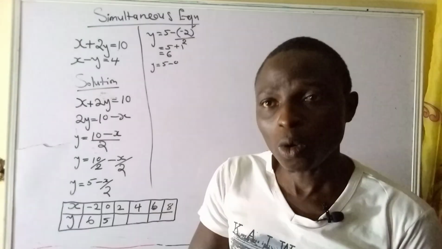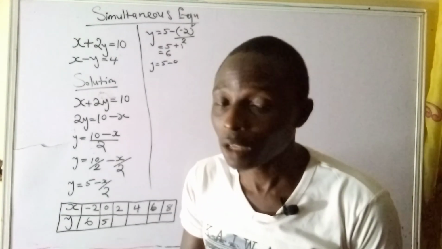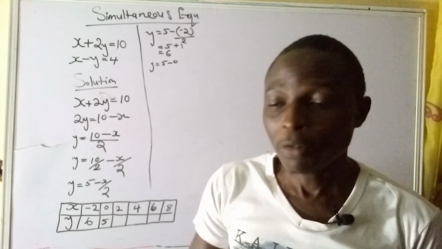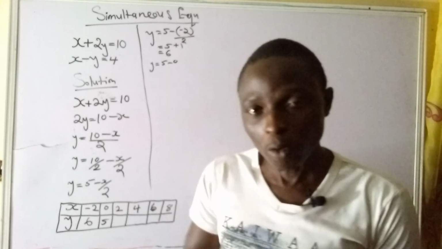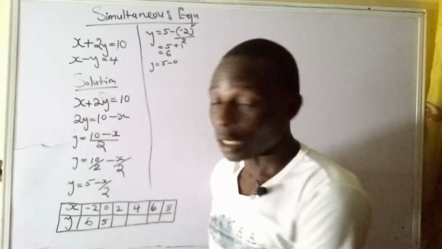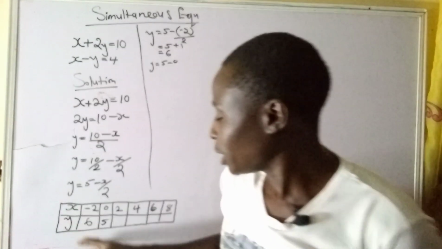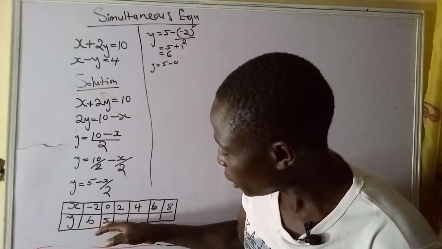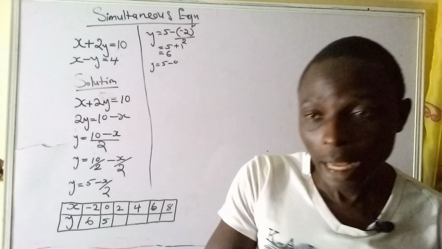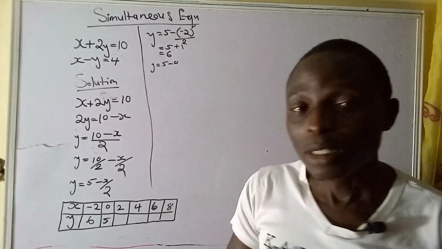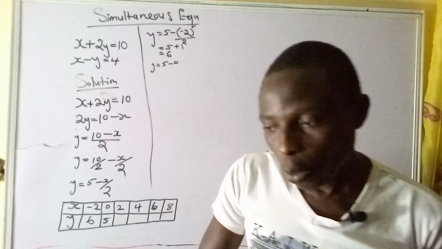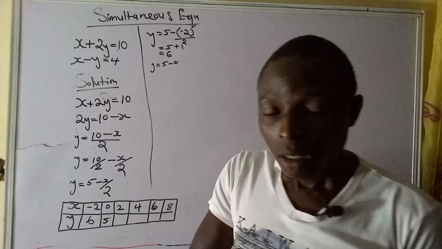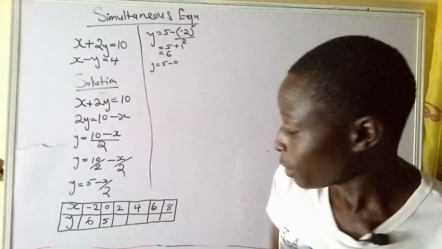It depends on the specification given by the examiner, because some examiners prefer to give the range of numbers to be used on the table. So in that case, you need to observe the common difference. Since you are likely to get a straight line, the common difference between two successive numbers should be fixed.